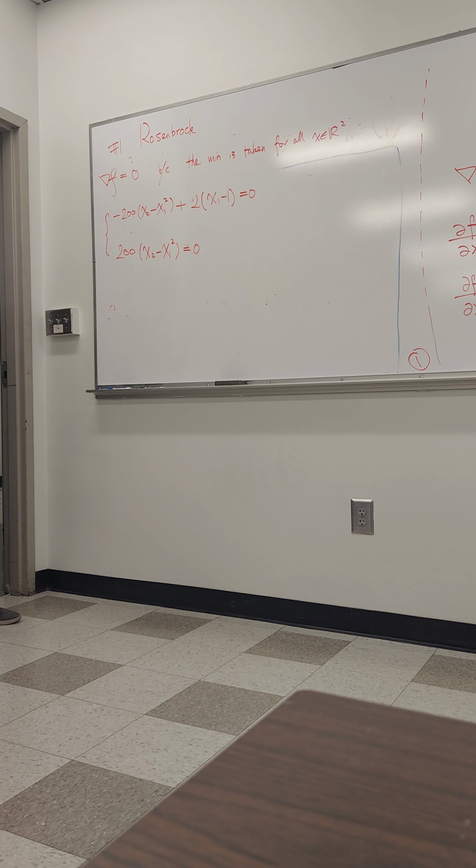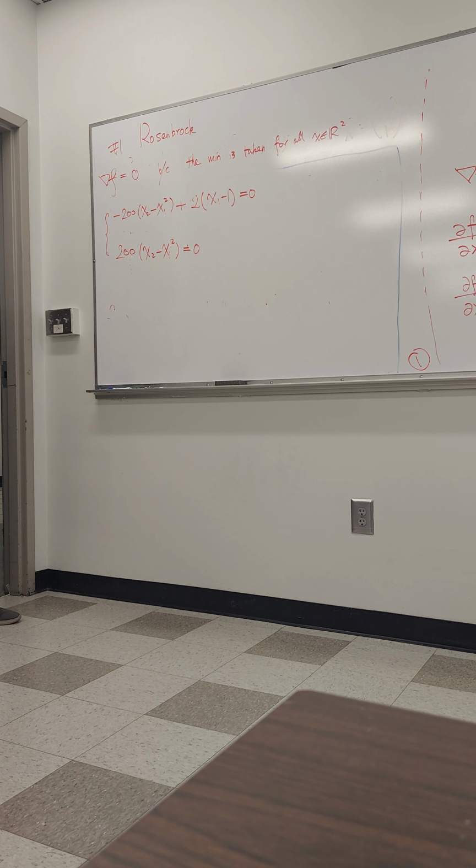Think about this. We have one feasible direction. So if it's positive, now we choose, for example, d1. Let's say x star satisfies the first order necessary condition.